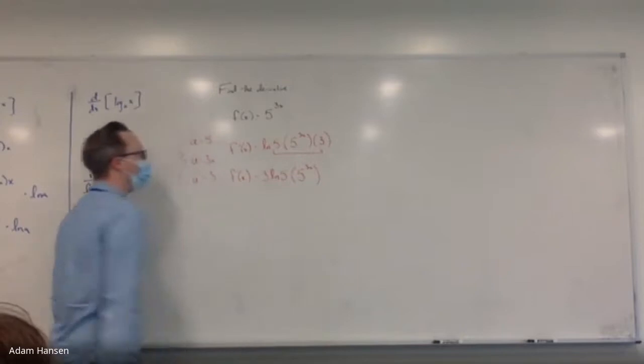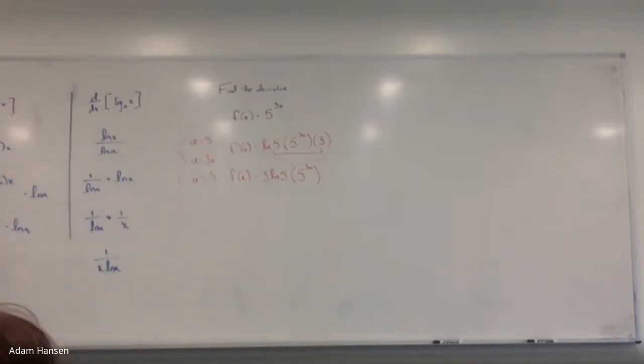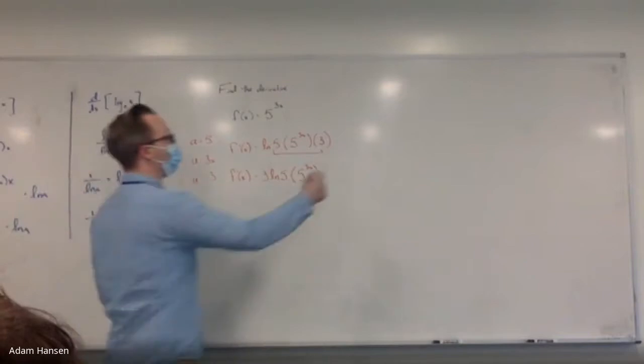I just group my two constants together. ln 5 and 3 are each constants, so multiply those: 3 ln 5 times 5 to the 3x. Try a different one.